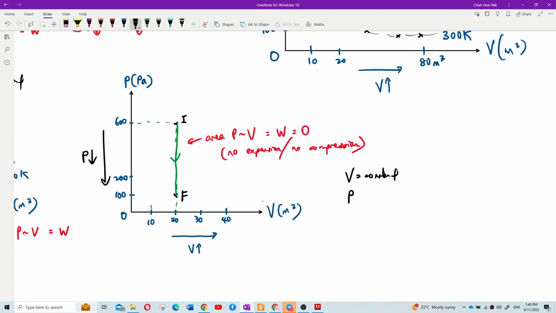Correct or not, class? What happened to the temperature? Draw your graph. Draw your graph. So, which one has higher temperature?